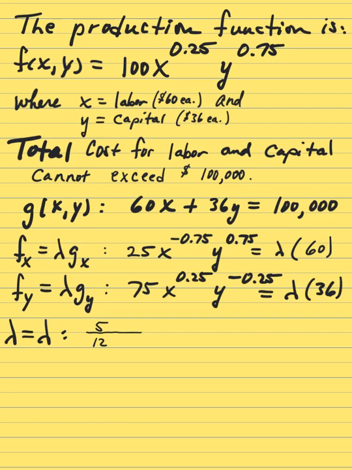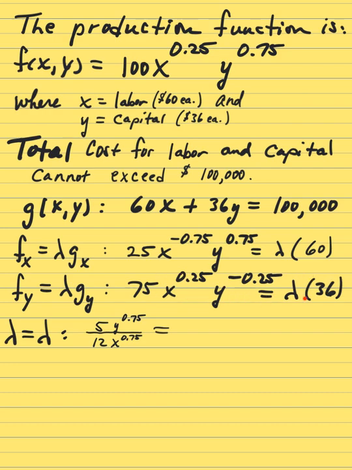The x term has a negative exponent, so I'm going to write that x to the positive 0.75 down here, and that'll make the power positive instead of negative. The y is already at exponent 0.75. That's positive. I'm going to leave it on top. Equals. Now let's go to the derivative with respect to y, that line, that group.